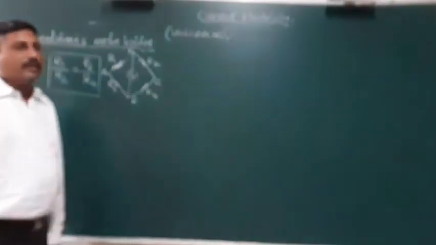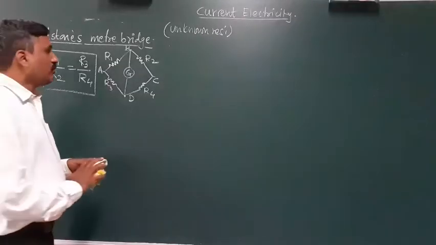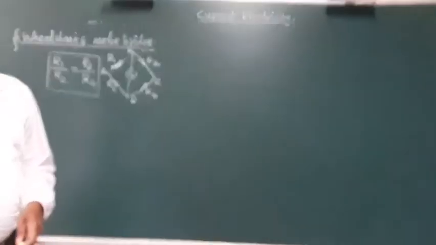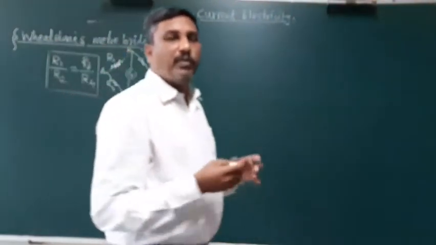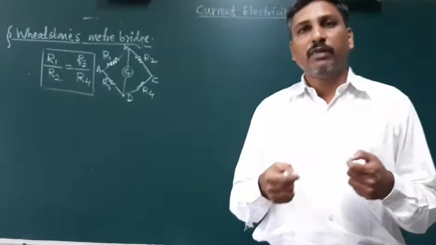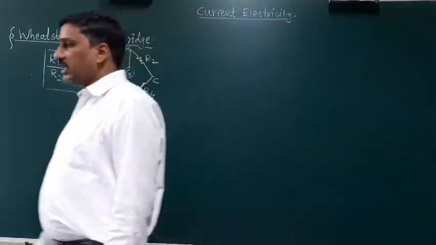Also with this meter bridge, we can measure the resistance of a galvanometer. Now we see how the meter bridge is drawn, what is the shape of the meter bridge, why it is called a meter bridge, why it is a bridge, all the things we study in today's lecture.